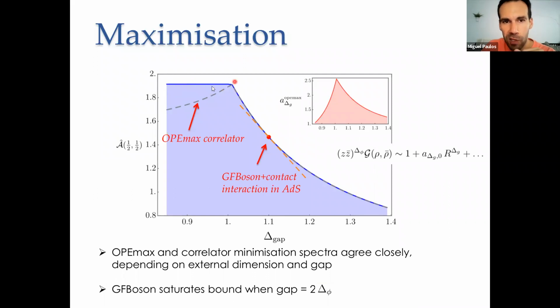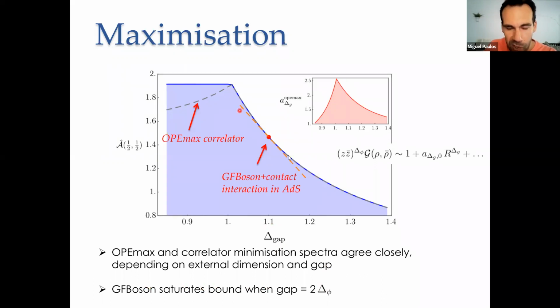So in this region, we again get a competition between effects, and depending on the choice of point, you get different correlators. But here they all agree, and in particular, they agree with OPE maximization. And so again, we see that when the gap is 2 delta phi, well, I didn't tell you what delta phi is, but you have to believe me that this corresponds to 2 delta phi, the bound is saturated by the generalized free boson.